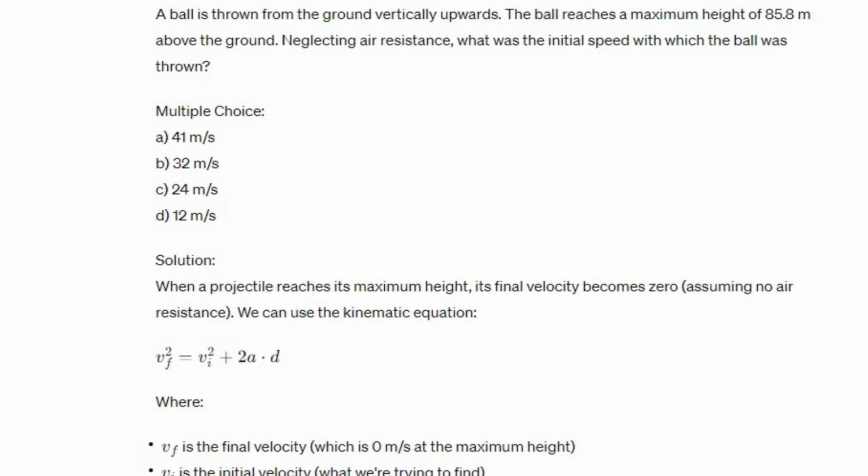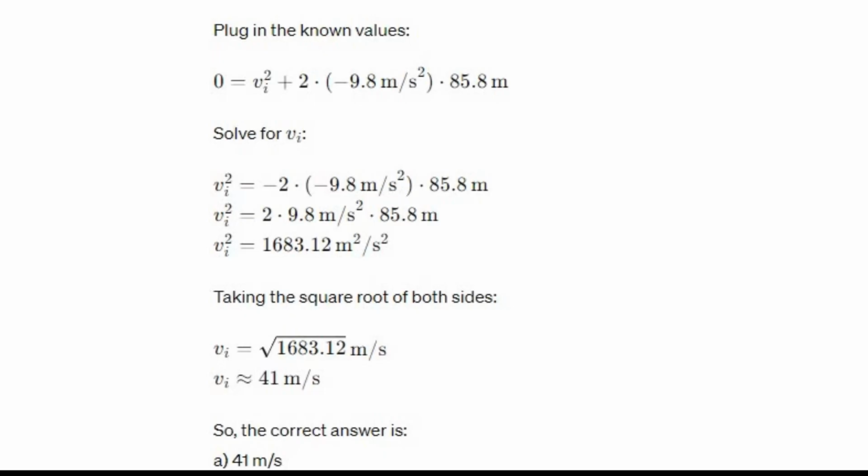Problem 6. A ball is thrown from the ground vertically upward. The ball reaches maximum height of 85.8 meters. Plug in the known values. 0 equals V initial squared plus 2 times minus 9.8 meters per second squared multiplied by 85.8 meters. Solve for Vi.